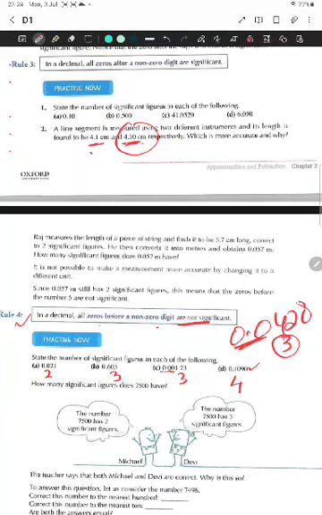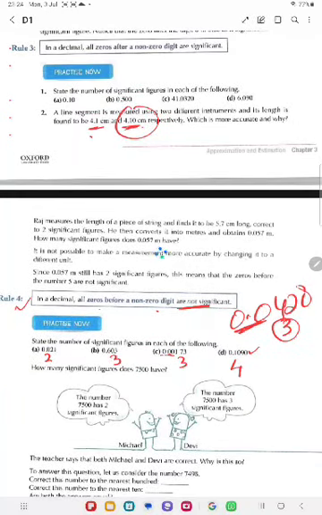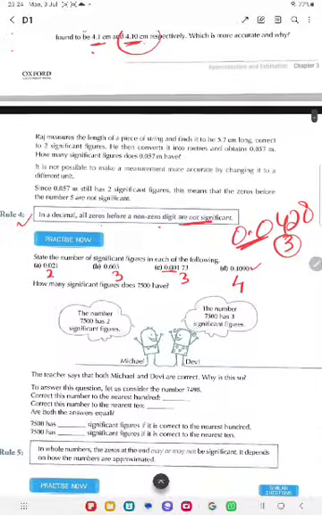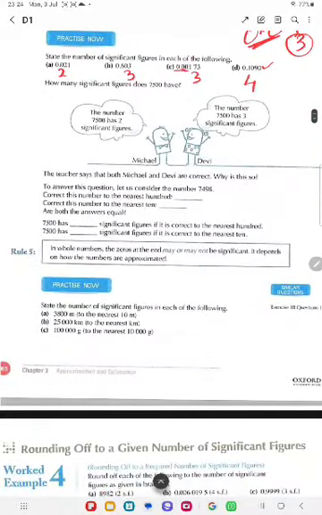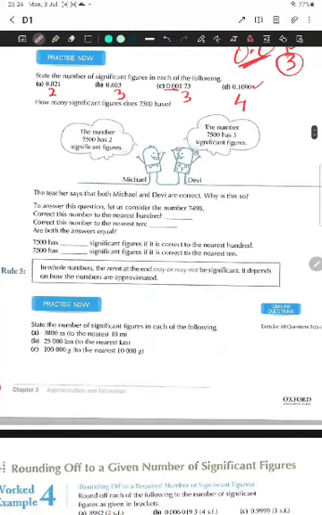Now students, the next rule, the last one. Rule number 5. Rule number 5 is for whole numbers. For whole numbers, the zeros at the end may or may not be significant. There is an option.